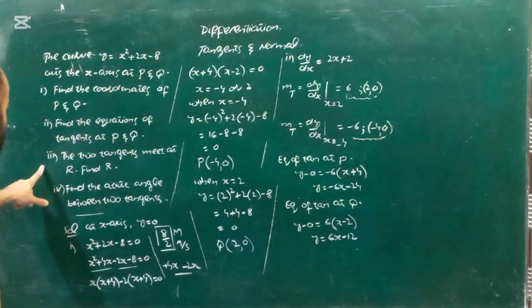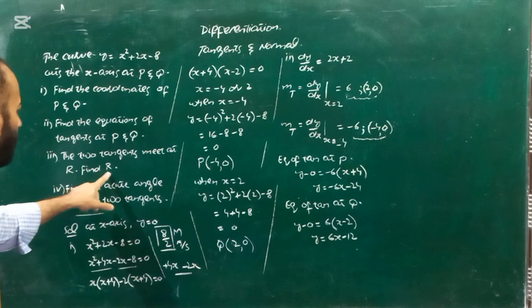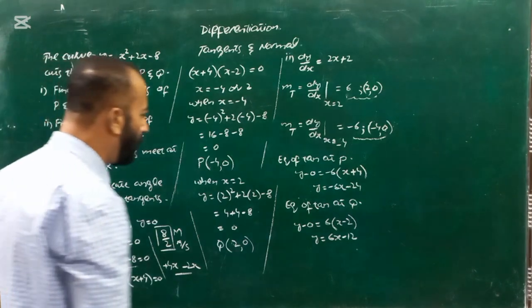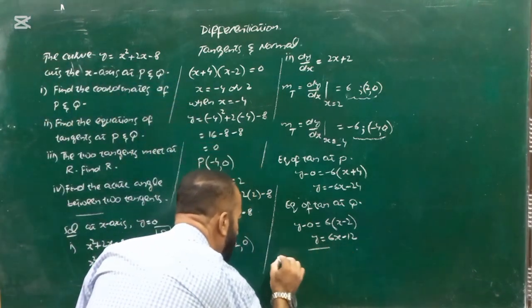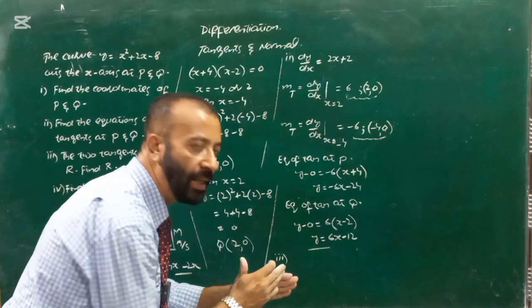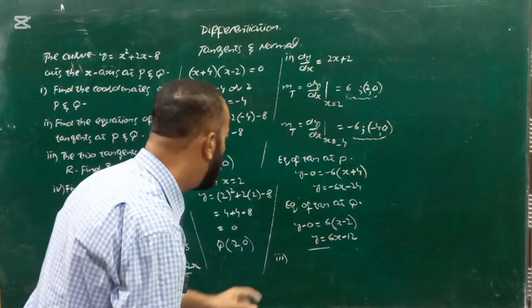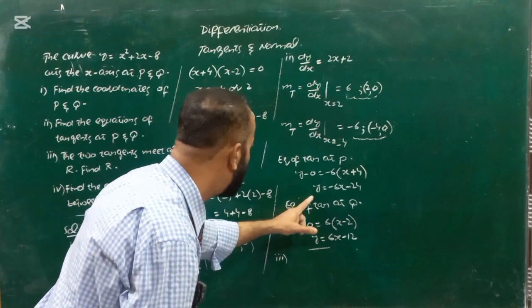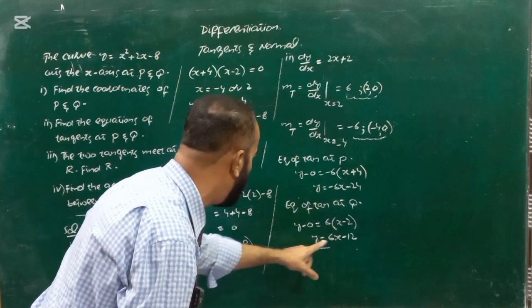The third part is: the two tangents meet at R. Find R. The two tangents meet at R, it means they intersect each other. So we will compare the values, this y and this y's values.